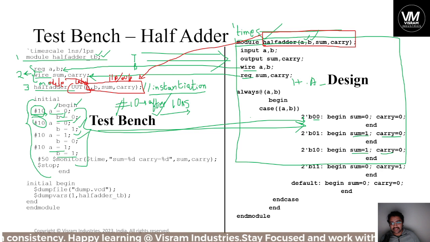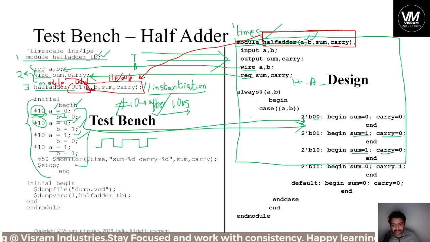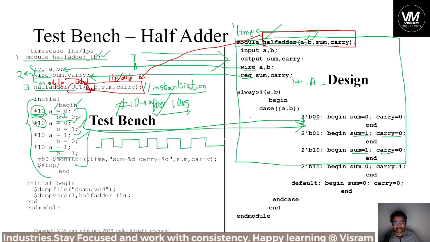Then the next hash 10 represents after 10 nanoseconds, meaning from the 11th to the 20th nanosecond. So if you have a clock, a very decent clock, this is 0, 5, 10, 15, 20.